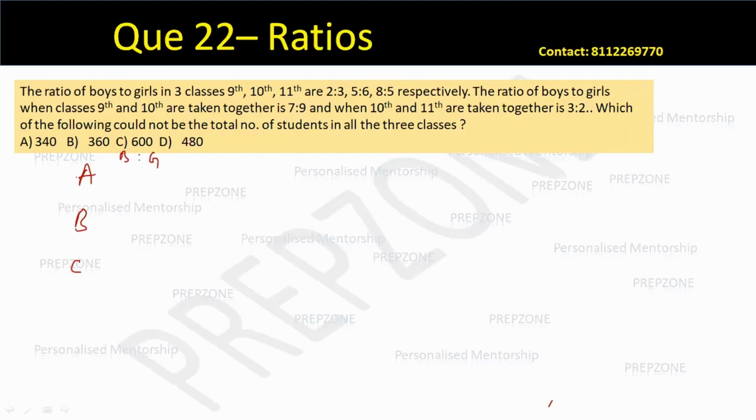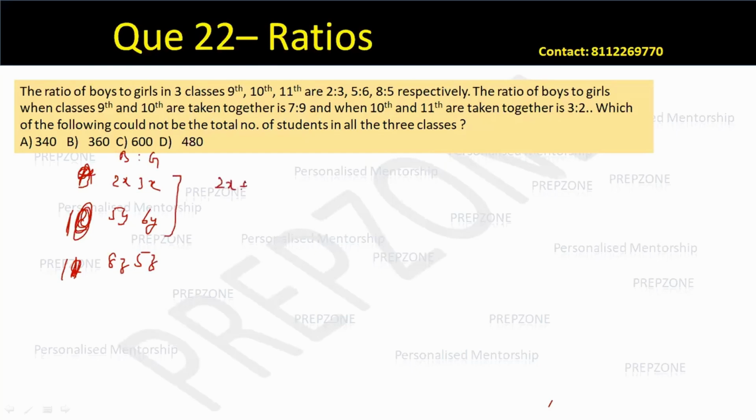So this is 9th, this is 10th, and this is 11th class, okay? So this is 2:3, so 2x, 3x. This is 5y, 6y. This is 8z and 5z, okay? Now the ratio of boys to girls when 9th and 10th are taken together.